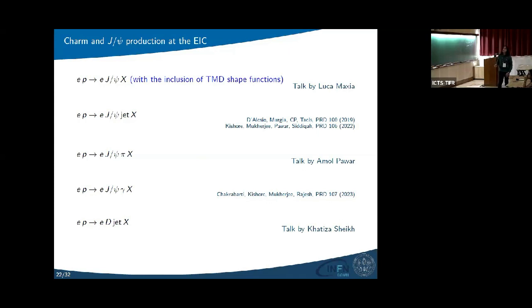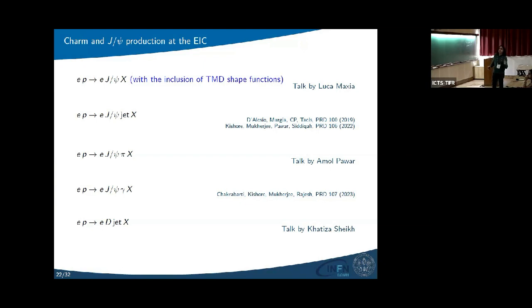So before going to EIC, of course, what one can do is study now J/psi production and quarkonium production, not in PP, but in EP. And since there will be a talk by Luca after, I will not consider inclusive J/psi production.